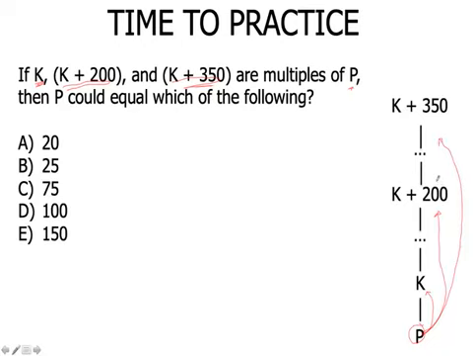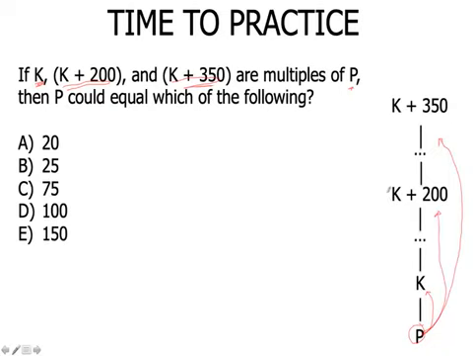What this problem is testing is your understanding of the multiple relationships. So if you need to go back and review that a few minutes ago in this video, feel free to do that. But remember, if I have two numbers that are both multiples of the same smaller number, then the difference between those multiples, the subtraction between those multiples, is also a multiple of that number.